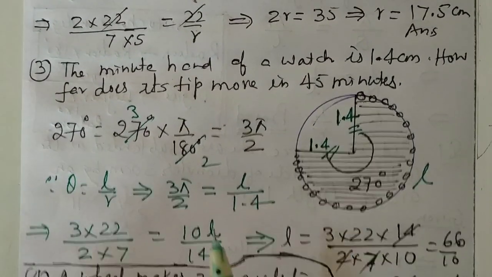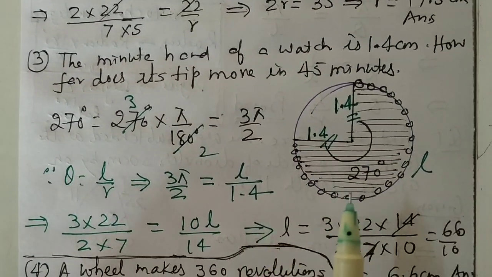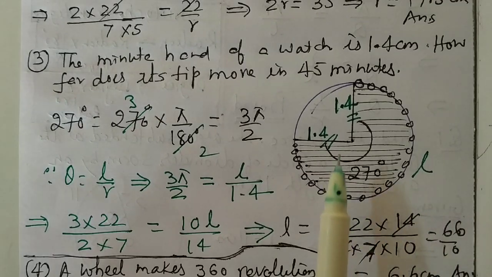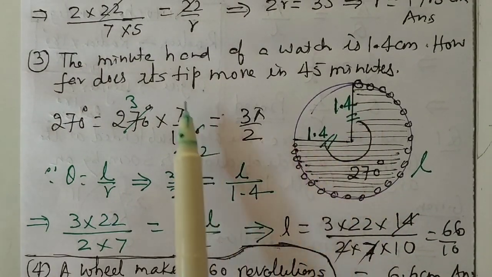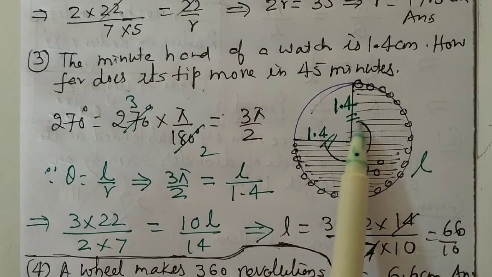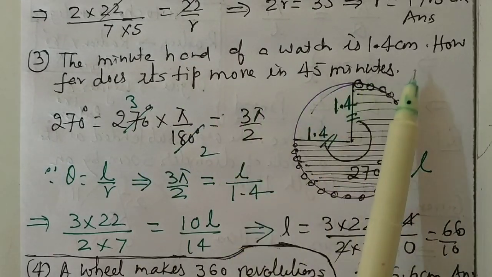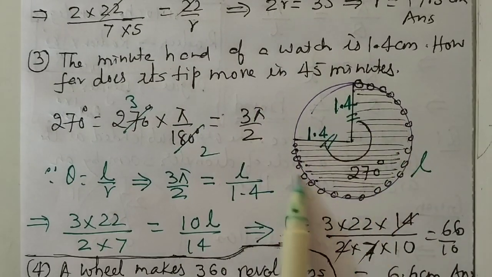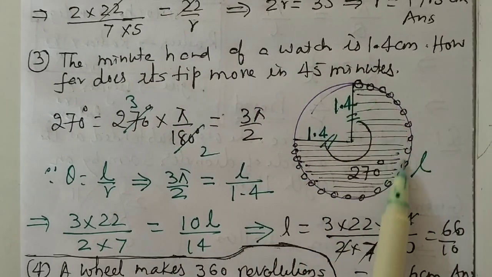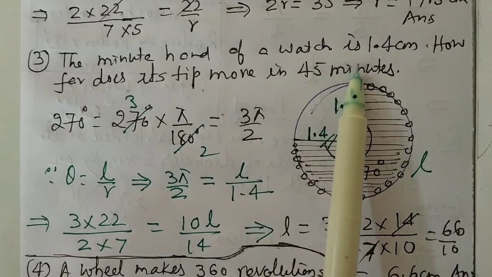Now third question: the minute hand of a watch is 1.4 centimeter. Minute hand is the length of the radius, and what is the central angle made? How far does the tip move? It means this length has to be calculated. Let this length be L, moved by the tip in 45 minutes.